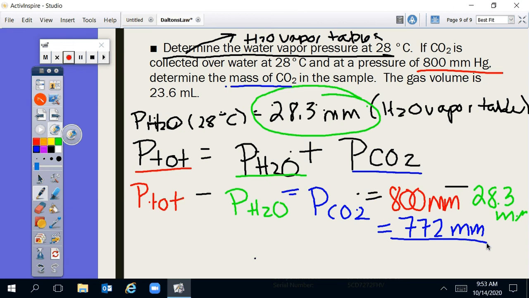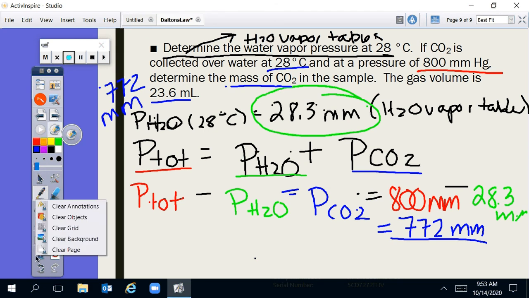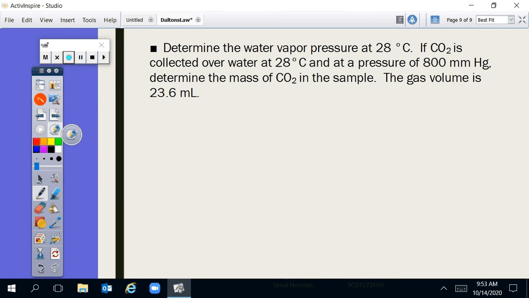We have the volume, we've got the temperature, and we want the mass. So we're going to use now the ideal gas law to get that. So I'm going to write down this number 772. That's our new carbon dioxide, and I'm going to erase everything else for now. I know I have the partial pressure of carbon dioxide as 772 millimeters of mercury.